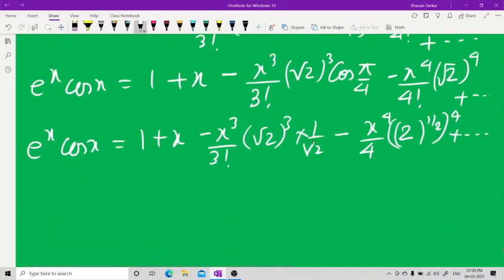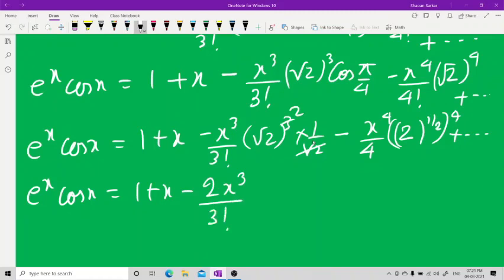Now e^x cos x is equal to 1 + x − , cancel this with this, so this becomes a square, so this becomes 2x³/3 factorial. Now this 2 will be 2, so this will be 2²x⁴/4 factorial, and so forth.